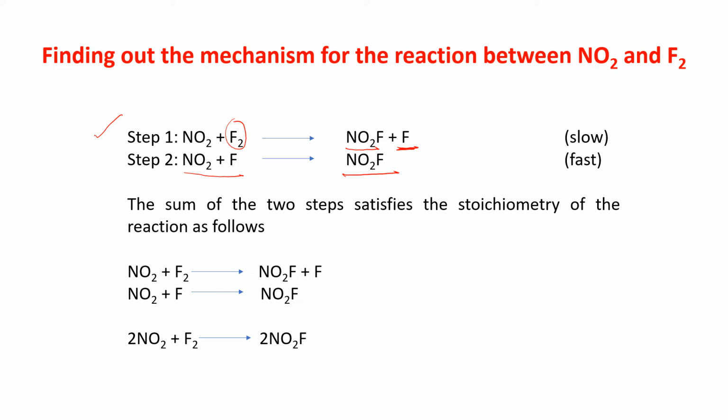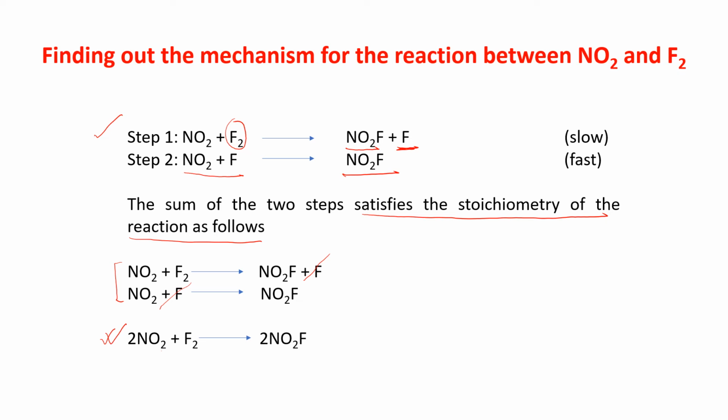Now add these two reactions. The sum of the two steps satisfies the stoichiometry of the reaction as follows. NO2 plus F2 gives you NO2F plus F. Now NO2 plus F gives you NO2F. Just add them. This F and F get cancelled. We get 2NO2 plus F2 giving you 2NO2F. This was my stoichiometry.